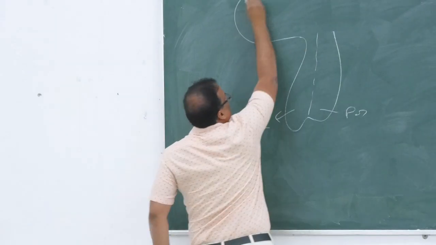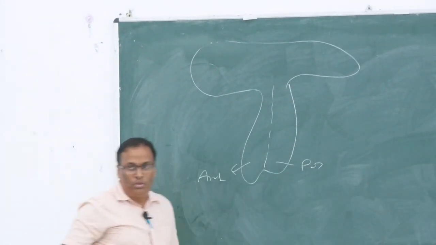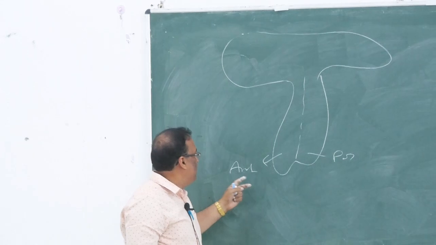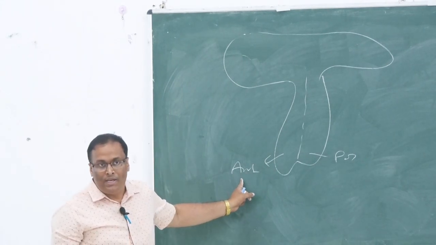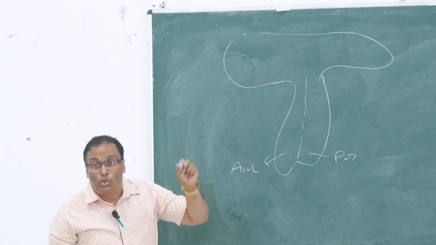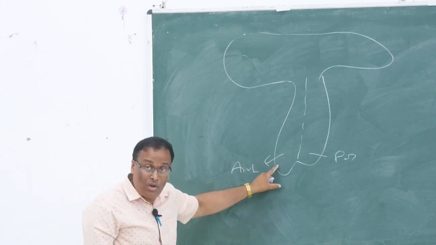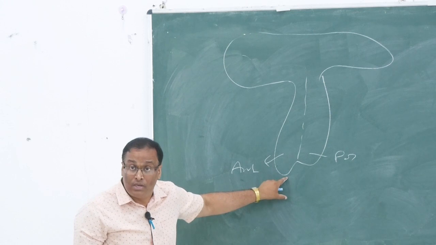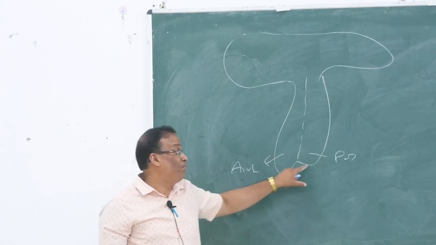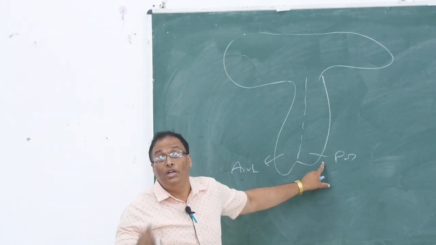This is the hypothalamus, connected to this. The anterior part makes and stores, but the posterior part only stores.